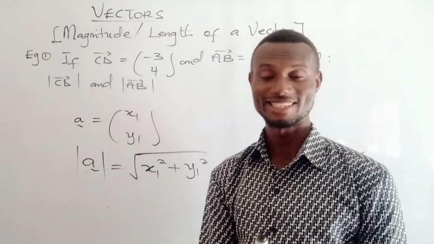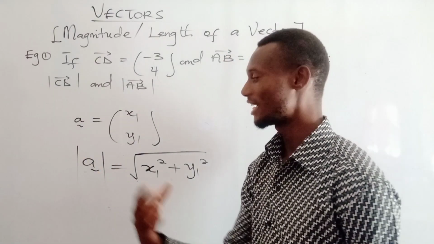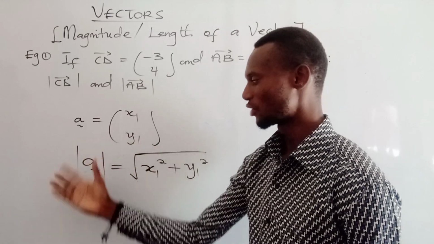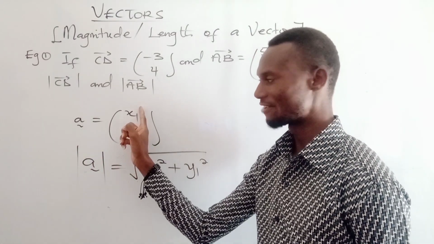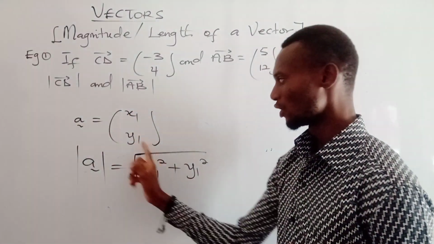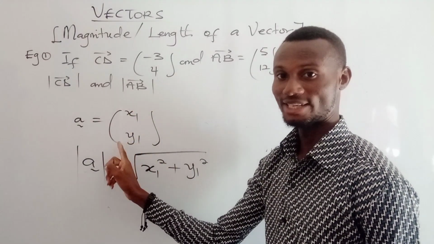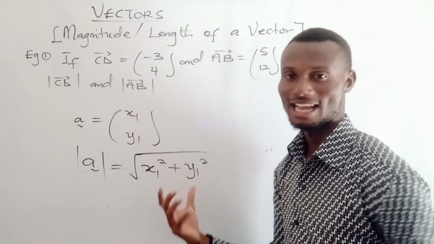I hope the explanation is clear enough up to this point. In simple terms, all that you need to do to get the magnitude of vector A is bring your square root. You take the first component of the vector given, you square it, plus you take the second component of the given vector, you square it as well.